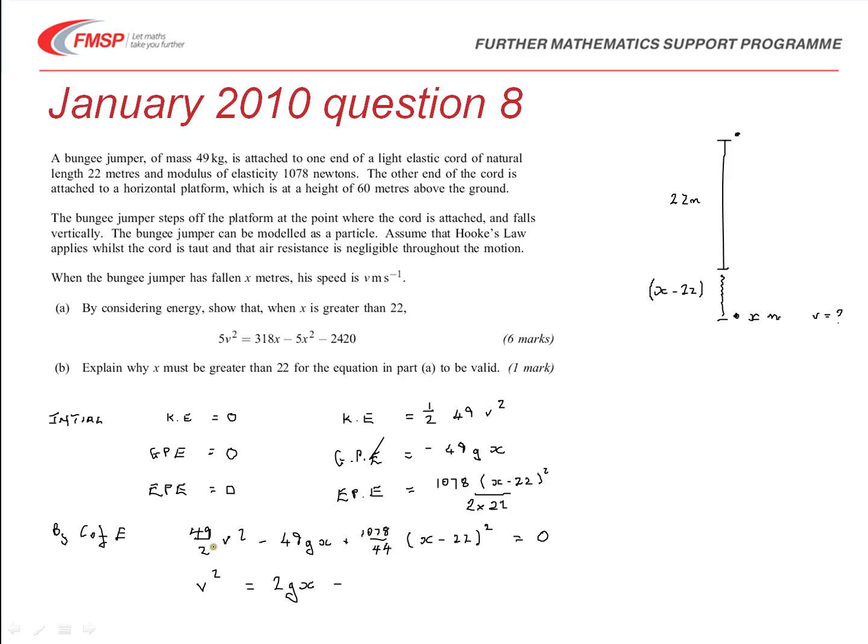Looking at that, when we take the 1078 over 44 and multiply it by 2 and divide by 49, 49 just happens to go into 1078 22 times. Times the 2 makes 44, so that cancels out the 44, and so we are left with x minus 22 squared.